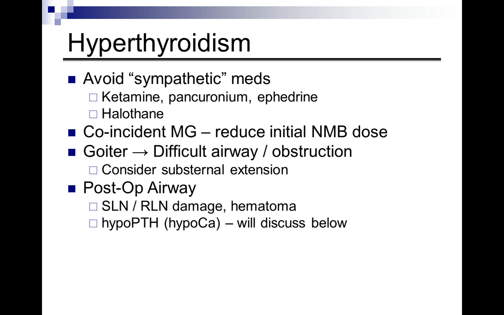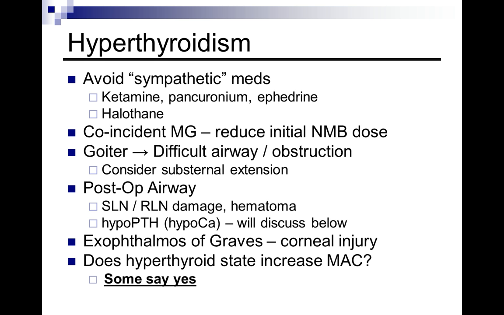Patients can, of course, have hematoma, which can rapidly expand and obstruct the airway. Also, during total thyroidectomy, there is some risk of becoming hypoparathyroid, which leads to hypocalcemia. And we're going to discuss this more shortly when we discuss the parathyroid gland.